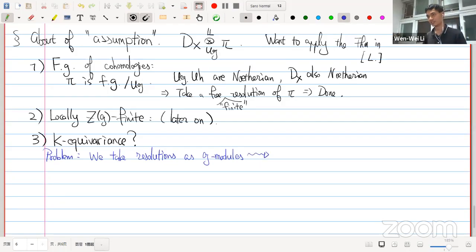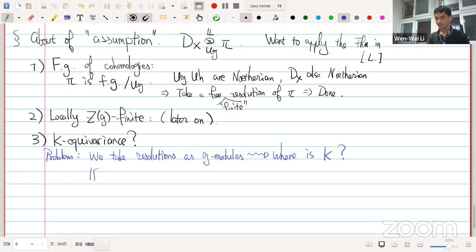In this way you get projective things even after localization. But the point is, you will lose K. There's no K appearing in the final formula. So how can you get K-equivariant things in this way?